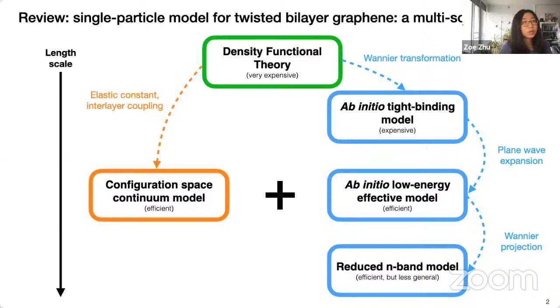All of our calculations are based on density functional theory, and we use DFT to extract parameters for our more simplified models, but running density functional theory itself is not really practical because, as we know by now, the twisted system has a really large system size and the length scale is very large.